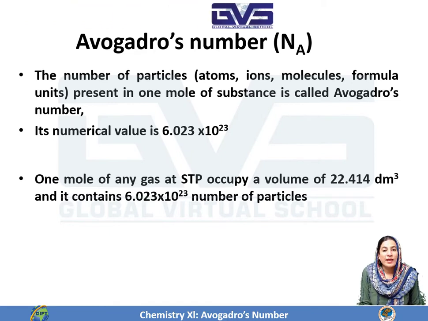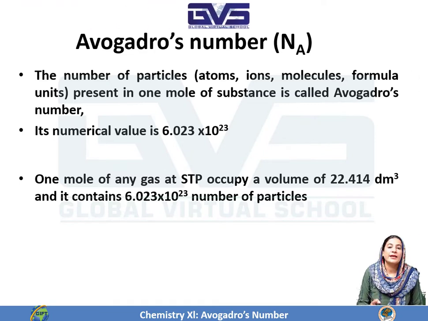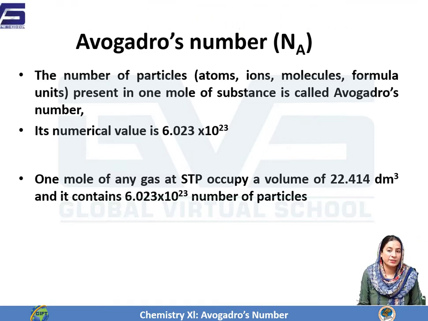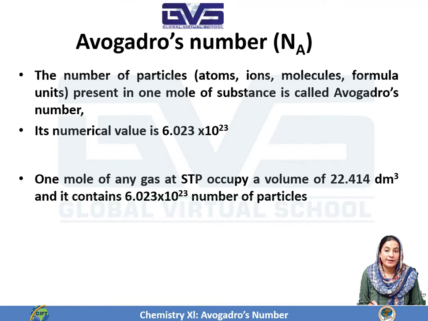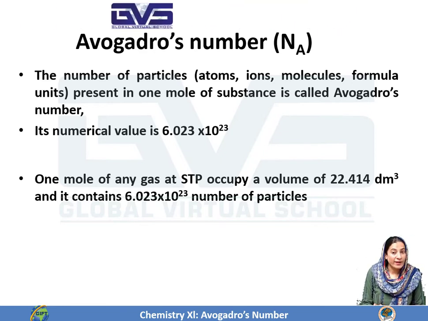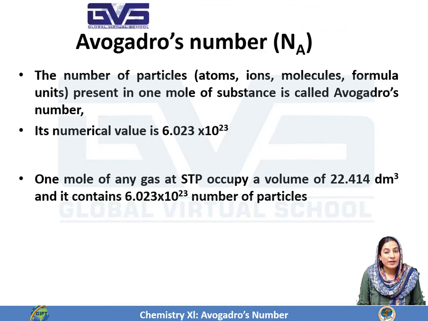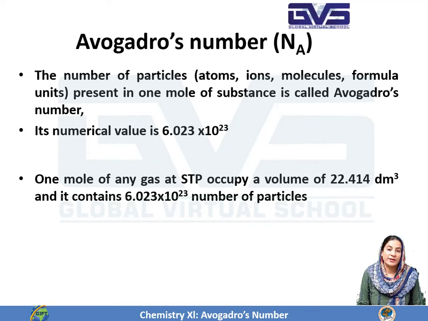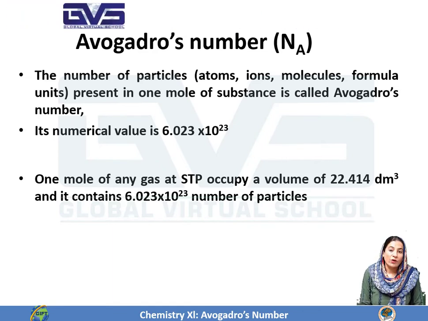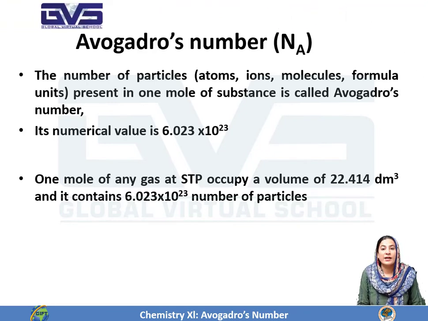And 1 mole of any ideal gas at standard temperature and pressure, STP, occupies a volume of 22.414 dm³, and contains 6.023 × 10^23 particles. This volume is called the molar volume.